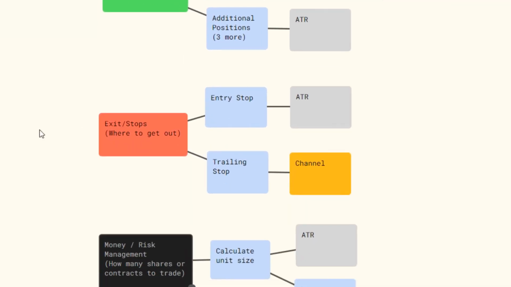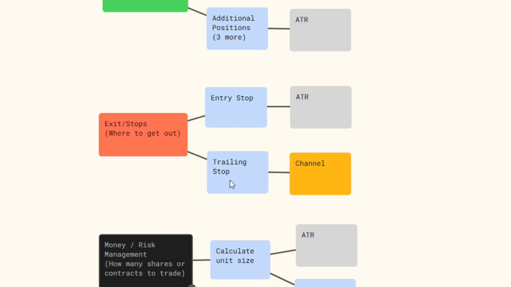Next, each position itself will have a where to get out, a stop. And so for every position, whether it's the initial or the 3 subsequent positions, they will all have an entry stop. The entry stop is governed by the ATR, which is the average true range, and as the trade progresses, you will trail the stop.